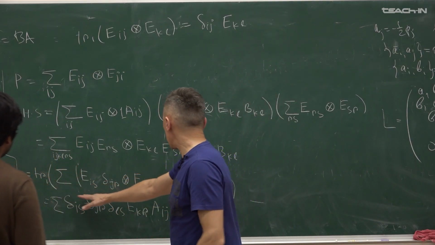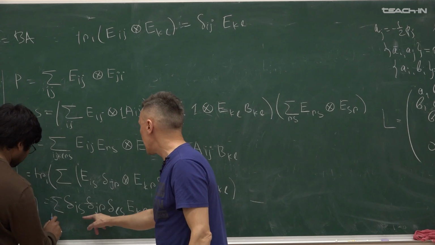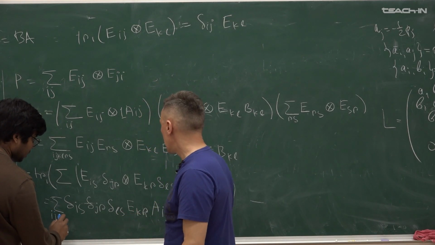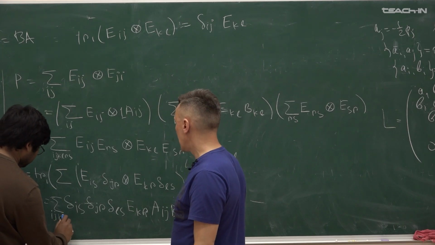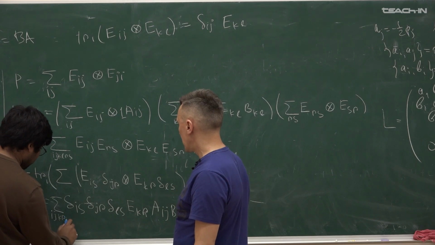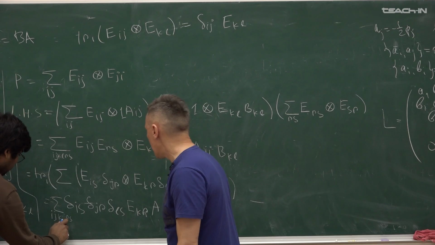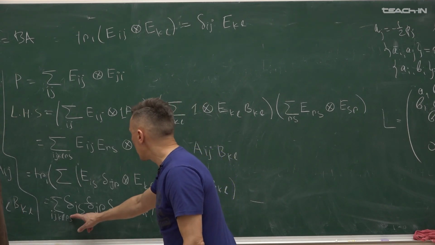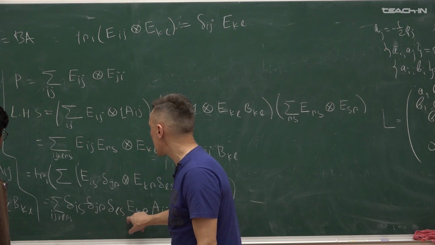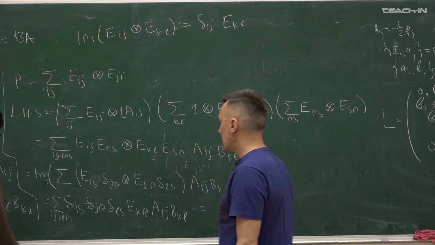Here there is the sum of 6 indices, and here you identify some subset of indices: I, J, K, L, R, S. And we have this identification: I is equal to S, L is equal to S, and J is equal to R.